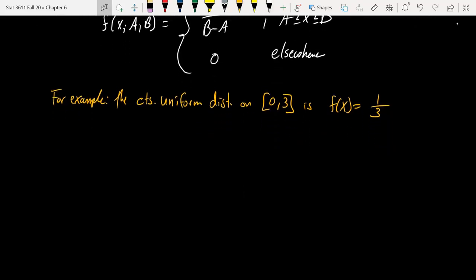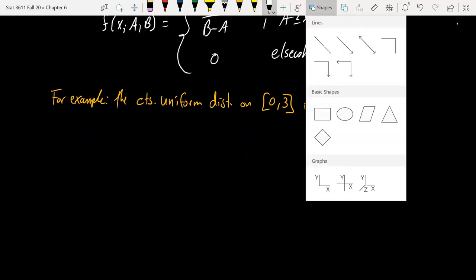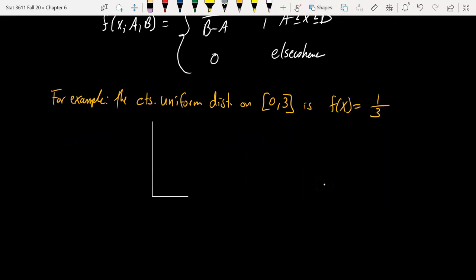And then graphically, we have x and f of x. From 0 to 3, there's 1, 2, 3, it takes on a height of 1/3.